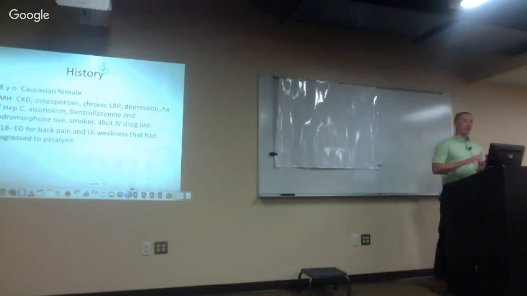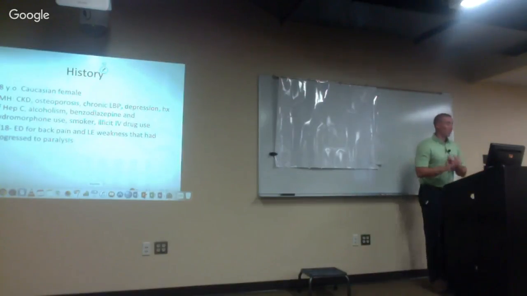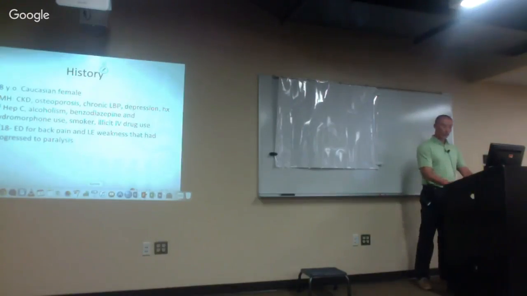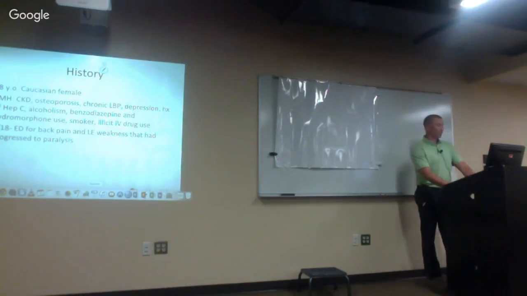So just a little bit of history about my patient. She was a 48-year-old Caucasian female, past medical history of chronic kidney disease, osteoporosis, chronic low back pain, depression, history of hepatitis C, alcoholism, benzodiazepine, and hydromorphone use. She was a smoker, and at present was an illicit IV drug user when she came to me in the clinic.